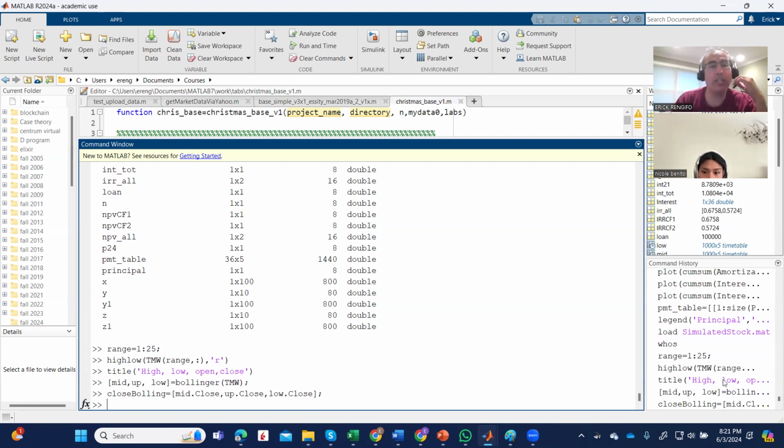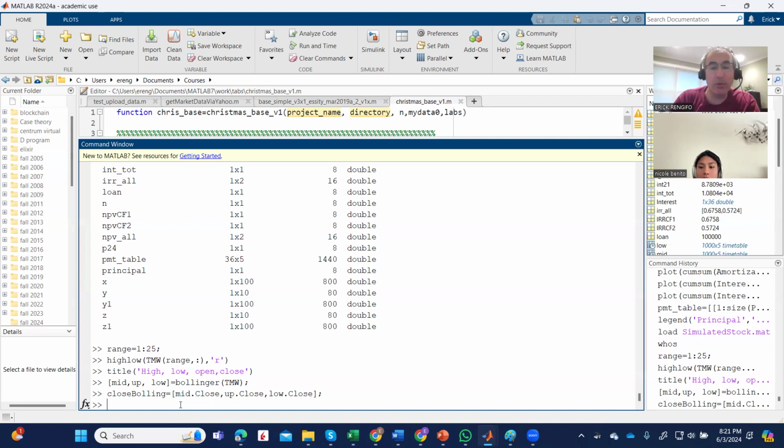Okay, so what I'm doing here, guys, is I need to give you more insights about how this works. What I've done is I have created a mid, up, and low in the Bollinger, but these are tables. Got it? From the mid, I need to get a close. From the up, I need to get a close. And from the low, I need to get a close. Because you're going to see it's a bunch of data there.